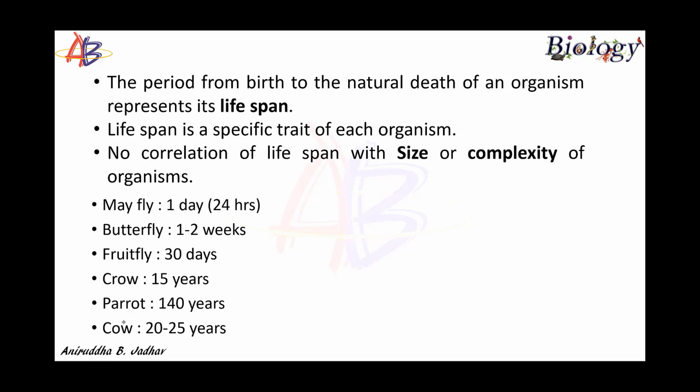So see, again one more example to understand why we should not correlate size and complexity. Here, the crow and parrot both belong to the same group, birds, but still have huge variation in their lifespan. Cow has 20 to 25 years of lifespan. The horse has 60 years.